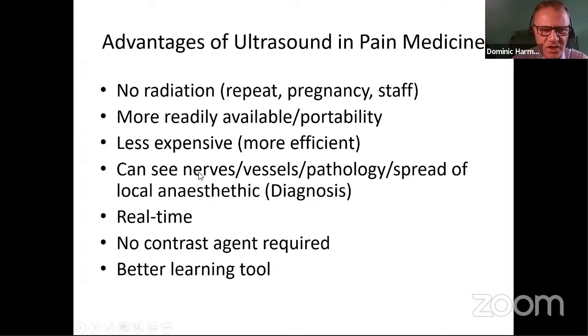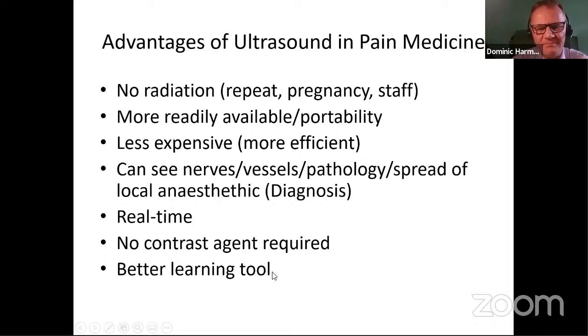Now, with ultrasound, you most certainly see a lot more anatomy than you can with X-ray. You're seeing the nerves, you're seeing the vessels, which definitely adds to safety. You learn to see the pathology. Of course, you're going to be using your sono-palpation, as I mentioned. You're going to see the spread of the local anesthetic. It's all real time. You're not using a contrast agent.